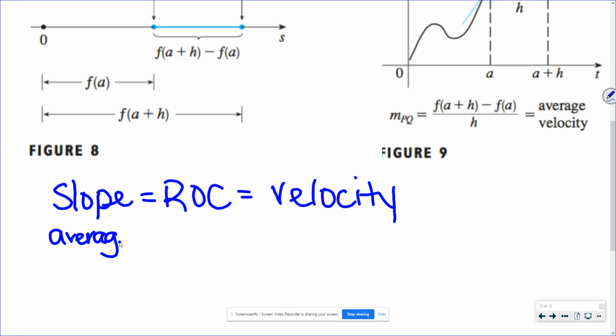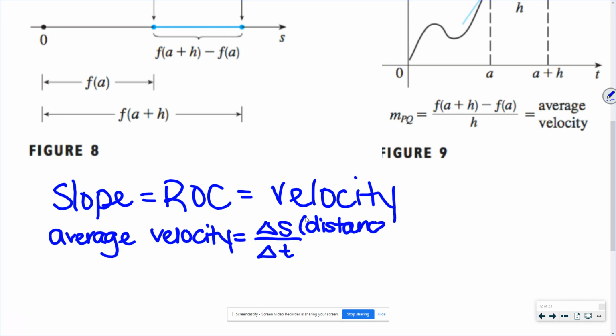Average velocity is equal to your change in position, which is called s, over your change in time. Change in position means how far did you travel distance-wise and how much time has passed.